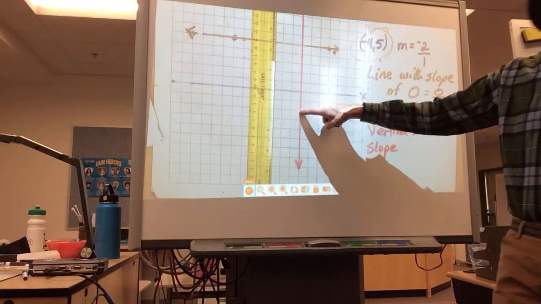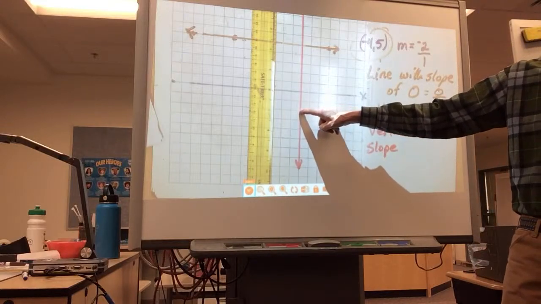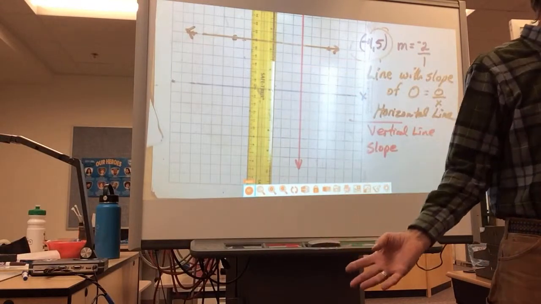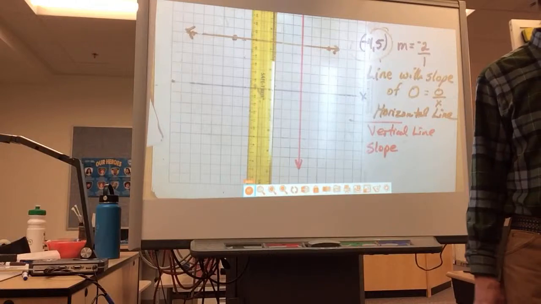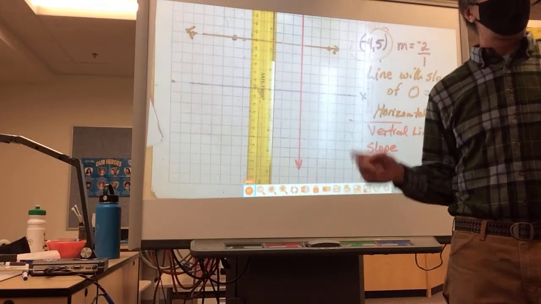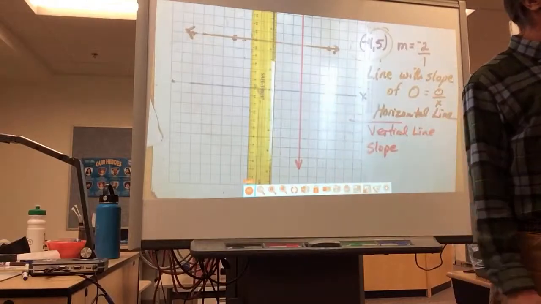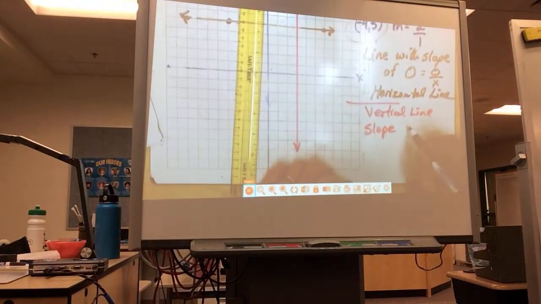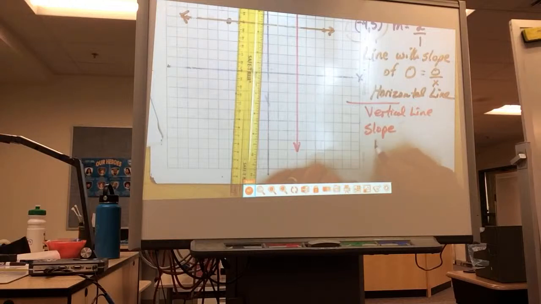Could you have a rise of 1 and stay on the line? Could you have a rise of 5? So the rise can be anything. It can be any number you want it to be. What's the run? It's 0. You're not going left and right. So when we write this, the slope as a rise over run can be any value divided by 0.